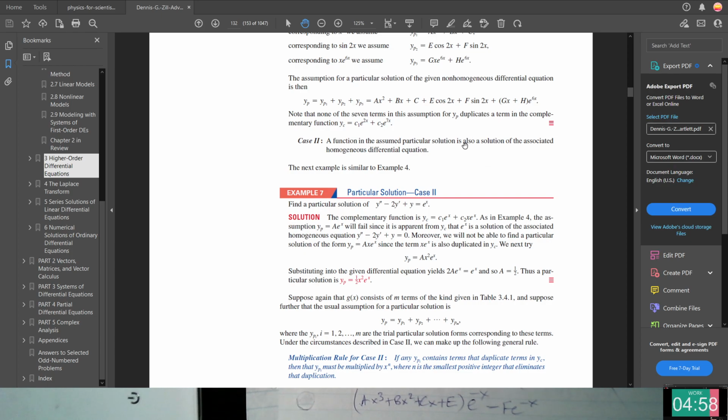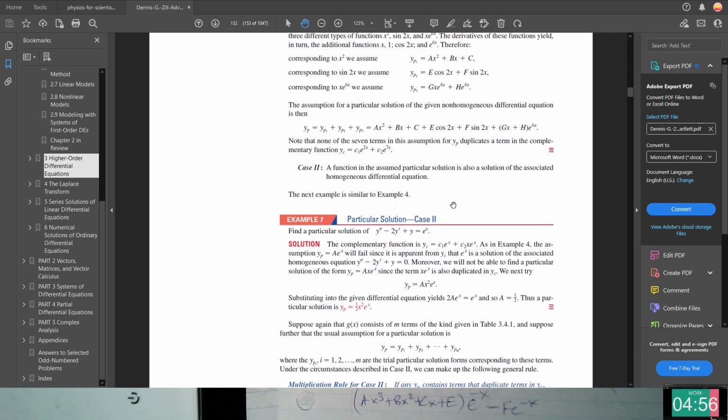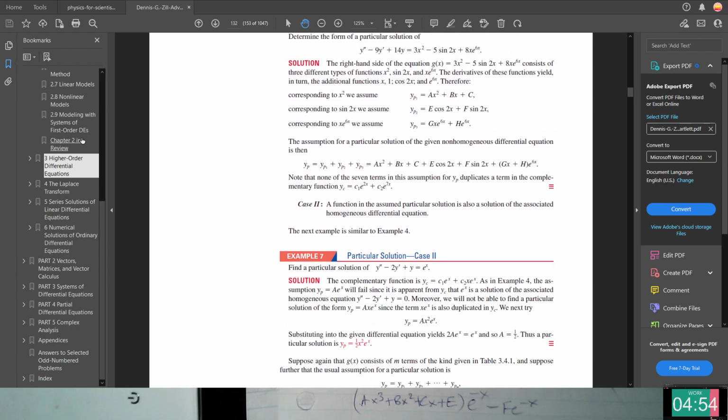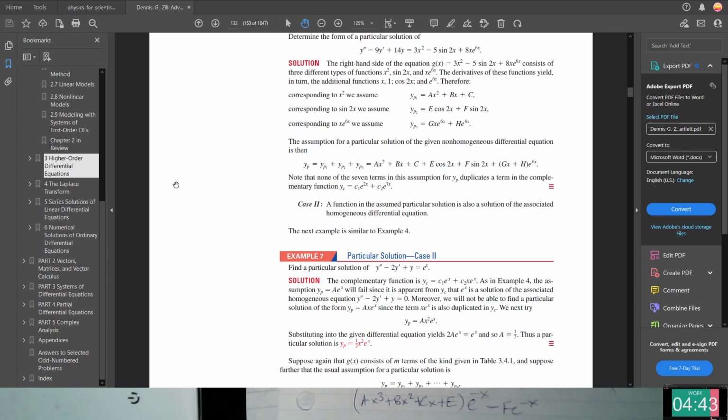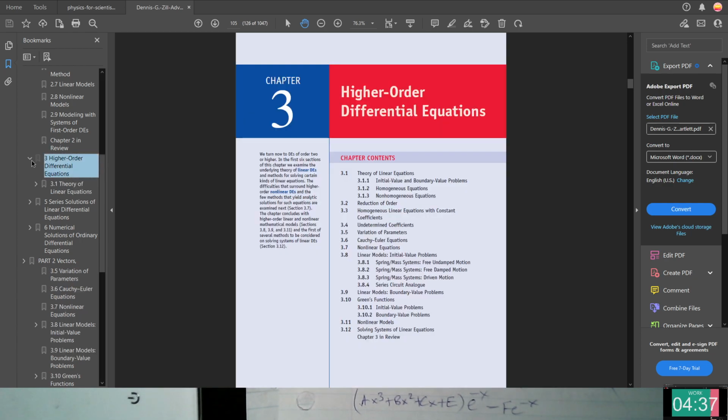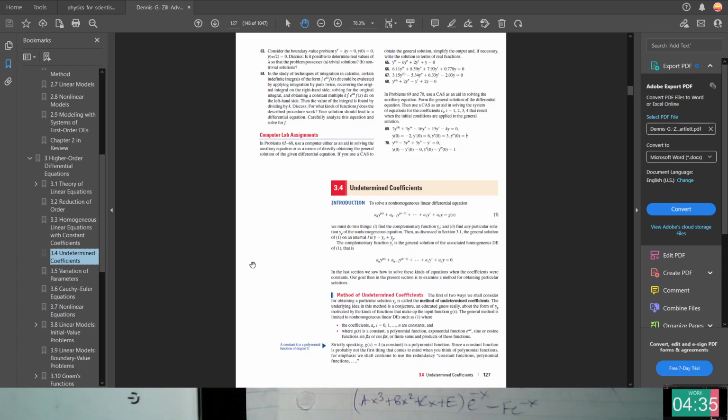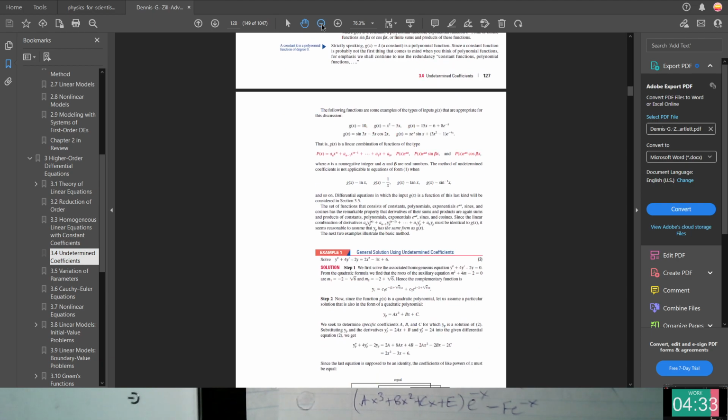None of the 7 terms in this assumption for y duplicates a term. Oh, god damn it. Are you serious? Zoom back in. Clicked the wrong button.